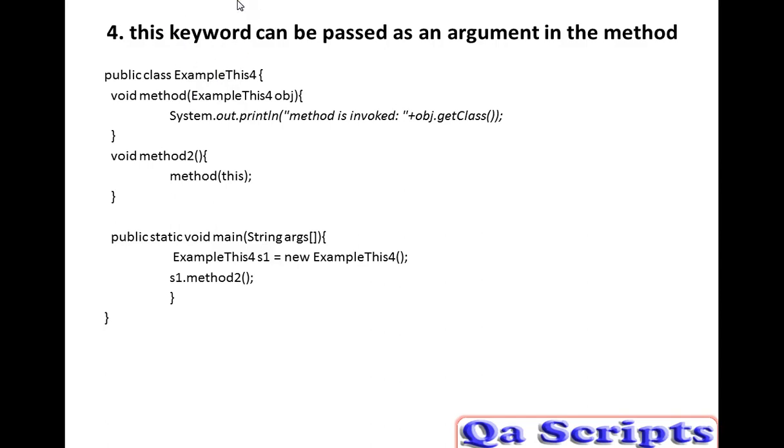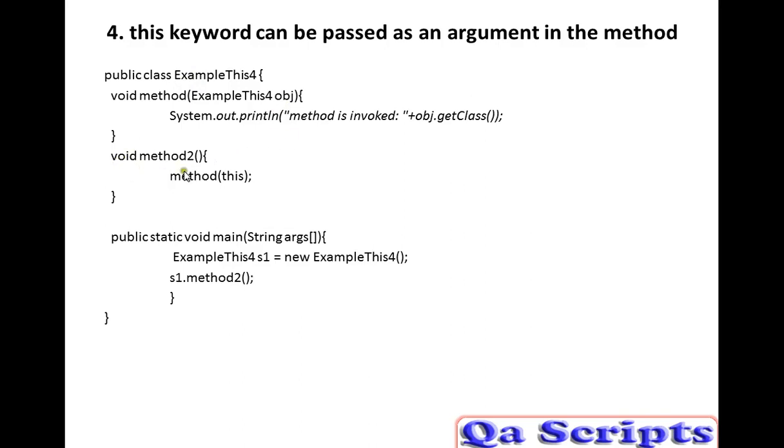Obj is the object name. I am just declaring the object, and I am passing that as a parameter for a method, and inside that method I have a system.out.println, and I am saying that method is invoked plus object dot get class. This is the method.